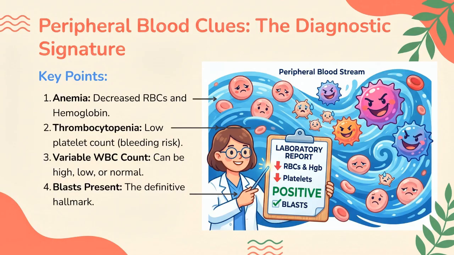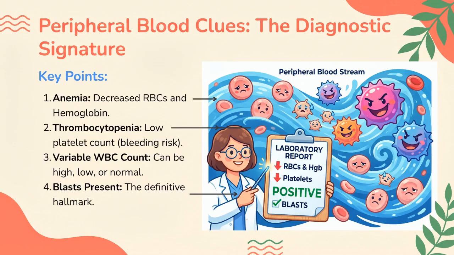Second, thrombocytopenia, a reduction in platelet count, is also a very common finding, leading to an increased risk of bleeding and bruising. This results from the suppression of megakaryopoiesis. Third, the white blood cell count can be quite variable. It might be significantly elevated, decreased, or even within the normal range.